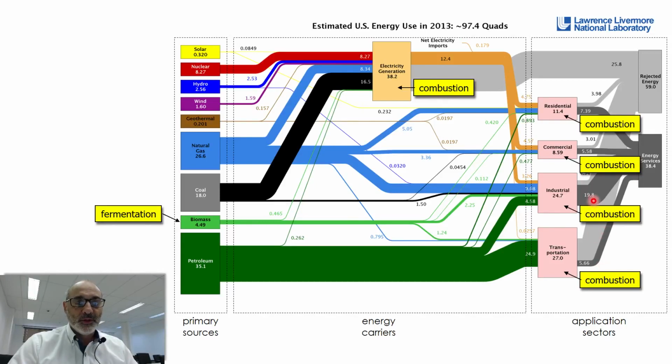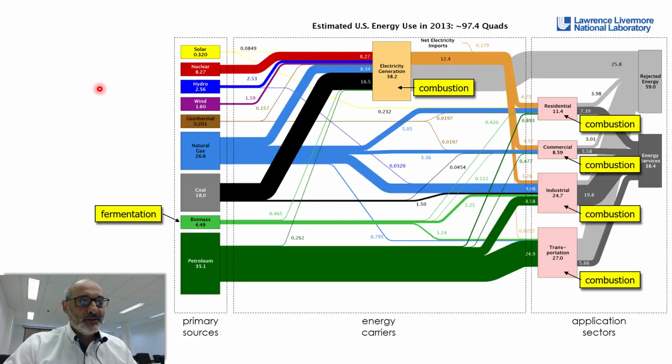Combustion here, combustion if you use, for instance, natural gas for heating in industry. So you probably are using combustion to generate heat. Likewise in the commercial sector and of course in the residential sector too. So chemical reactions play a very important role in this flow.